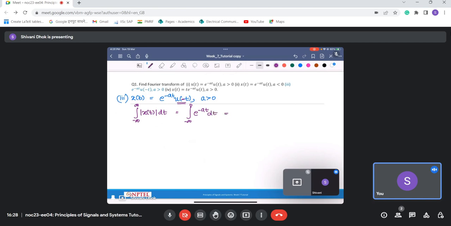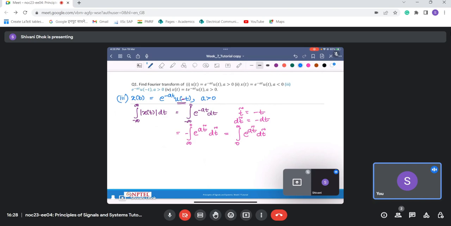This can be written as, let t tilde is equal to minus t, so we have dt tilde is equal to minus dt. So this is simply infinity to 0 minus e power a t tilde dt tilde, which can be just changed by changing the limits with this negative sign. So we have 0 to infinity e power a t tilde dt tilde.